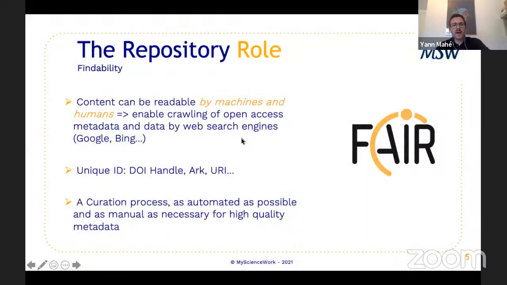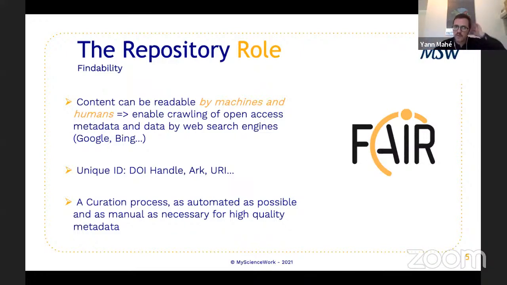So what I will do here is explain, probably not exhaustively, but I will try to address letter by letter, the F, the A, the I, and the R, how repositories play an important role for FAIR principles implementation. But it's important to know that every letter of the FAIR cannot be taken independently, and everything is linked.